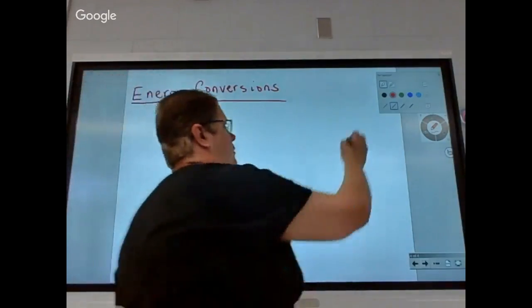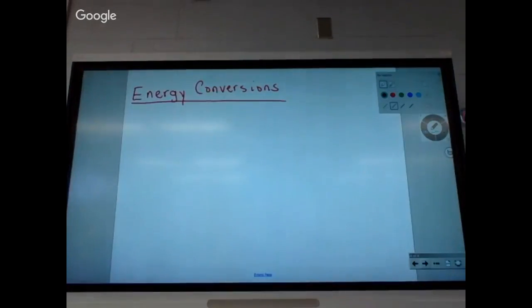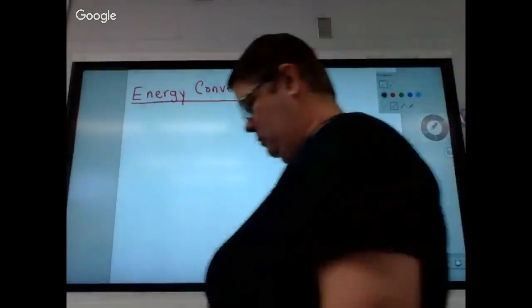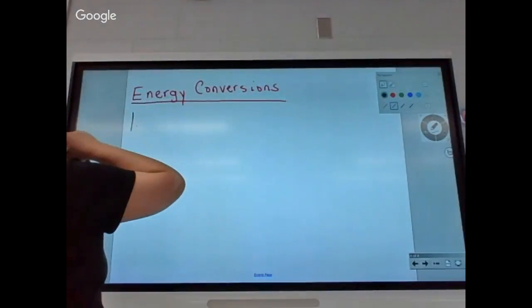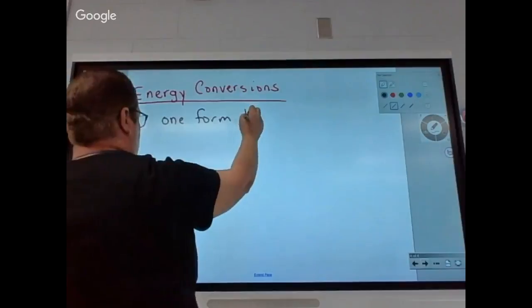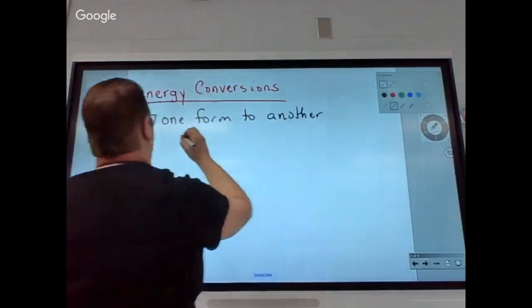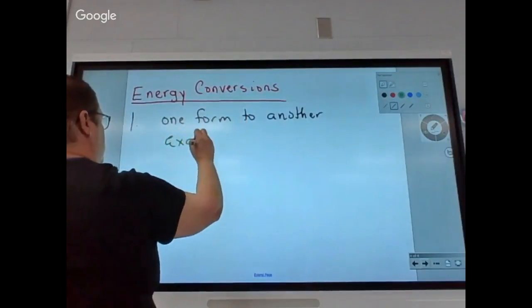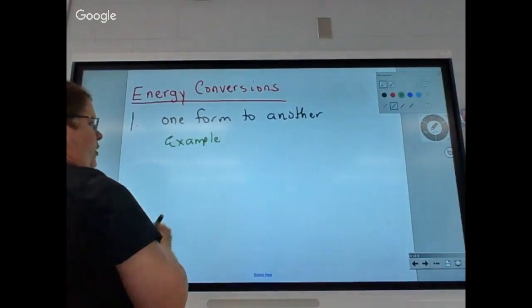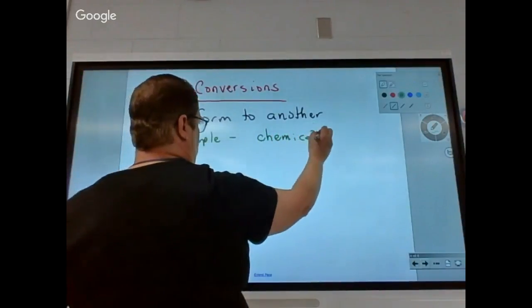All right. So we're going to talk about energy conversions today. We'll probably have to save our math review to tomorrow, but we're going to look at energy conversions today. Now, the first type we're going to look at is changing from one form to another. For example, we could go from chemical to thermal.